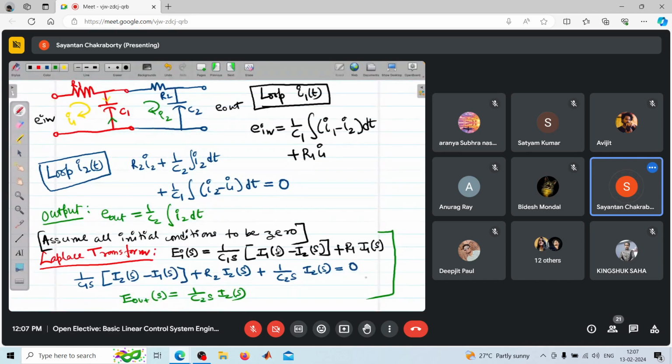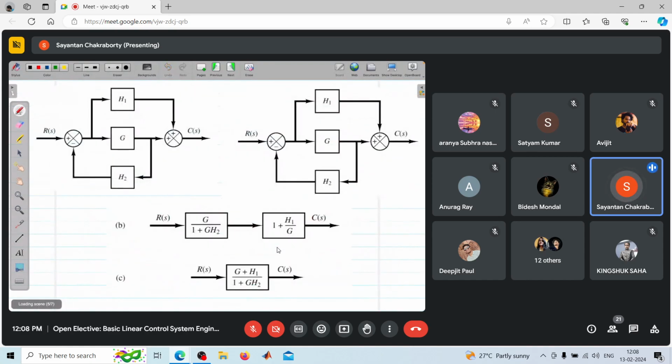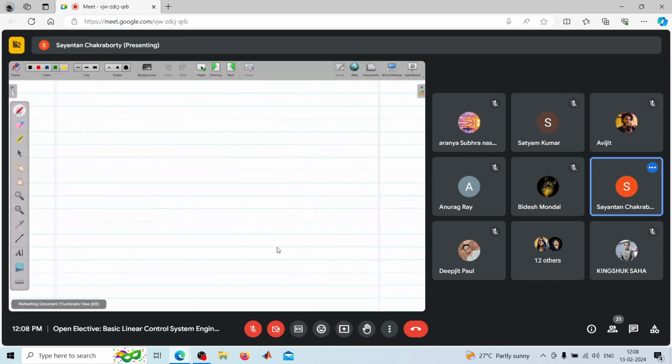Okay. So the thing is that this second approach that I want to discuss is something very interesting and a bit straightforward. What is that? The approach is called complex impedance approach.